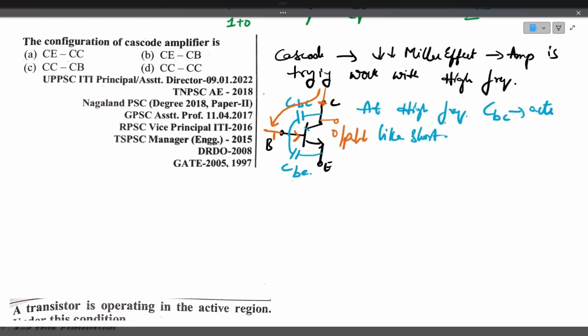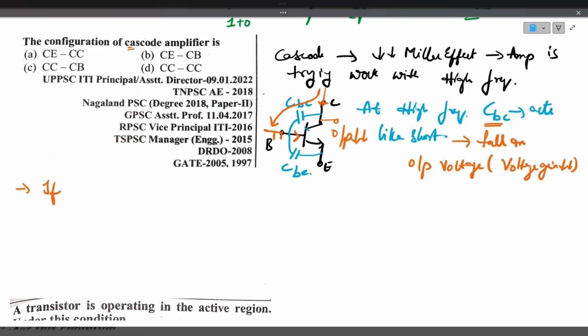So at the higher frequencies, the base collector capacitance acts like a short circuit, leading to a fall in the voltage gain and output voltage. To nullify this effect, that is to reduce this Miller effect, we go for the cascode.